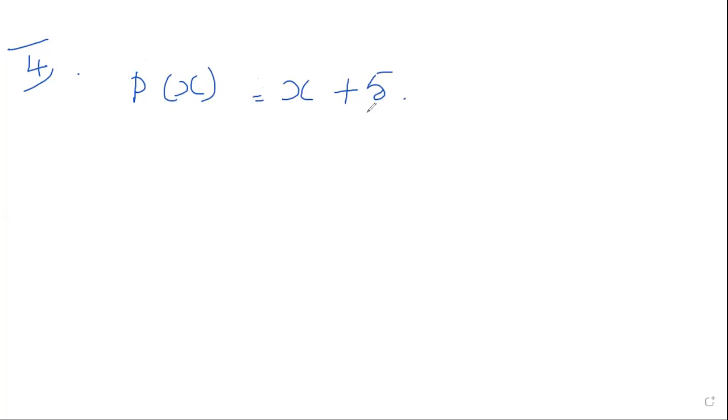Here we are having plus 5, right? When will this be 0? If we get minus 5 here, minus 5 plus 5 gives us 0, right? So the value is minus 5.